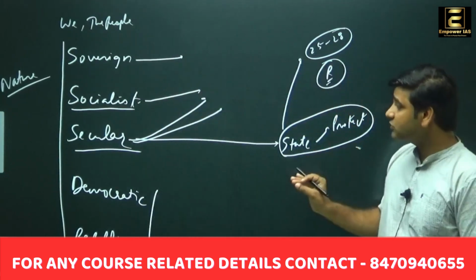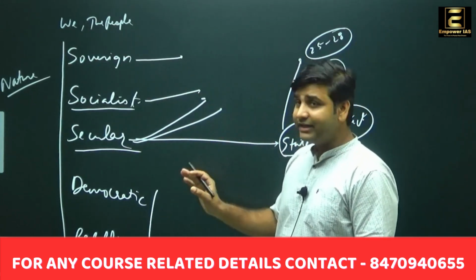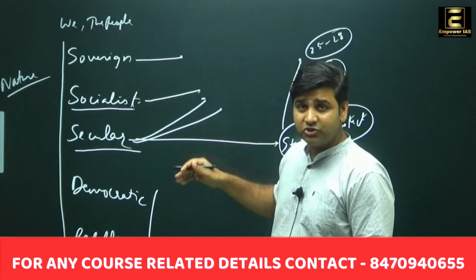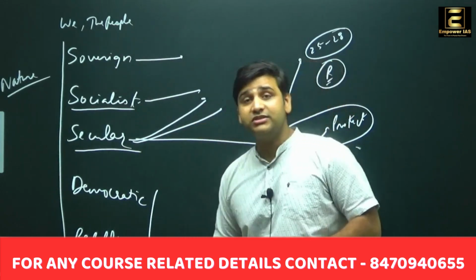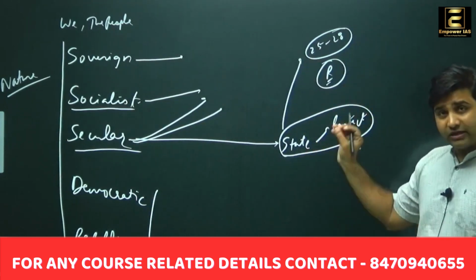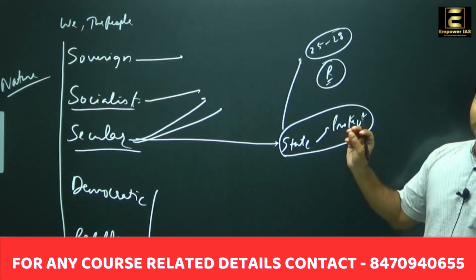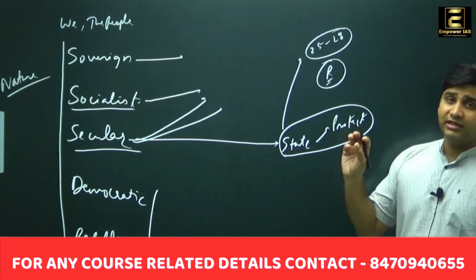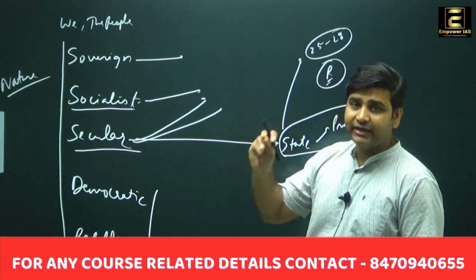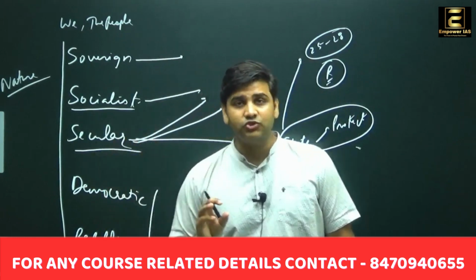The state can also give donations, lands, money and other things to the charitable foundations, to the spiritual foundations, and also to the religious foundations in the country. So, the state does not have any official religion. The state also protects all the religions within the country, and citizens have been given the right to propagate, profess and practice any religion of their choice.